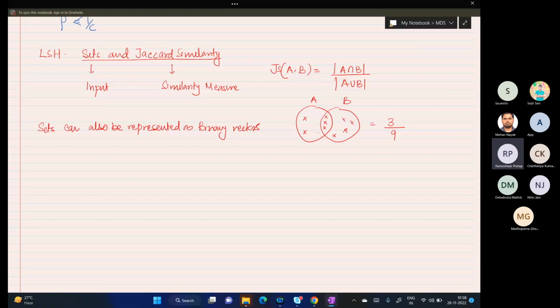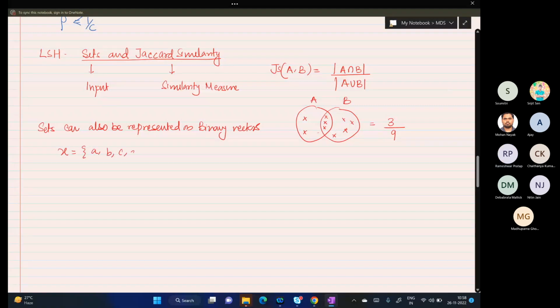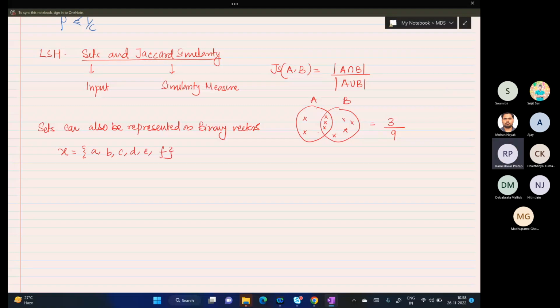So suppose our universe is this. The sets we are considering are subsets of this universe.